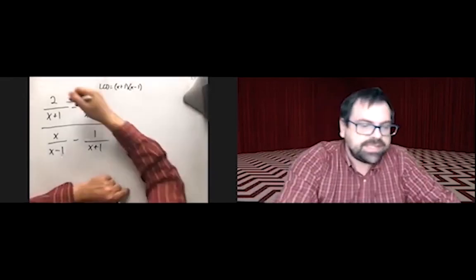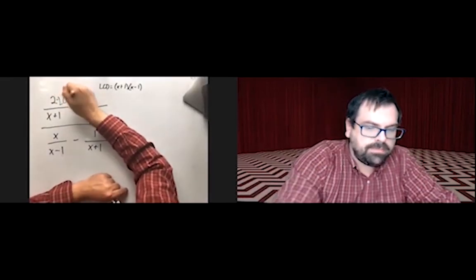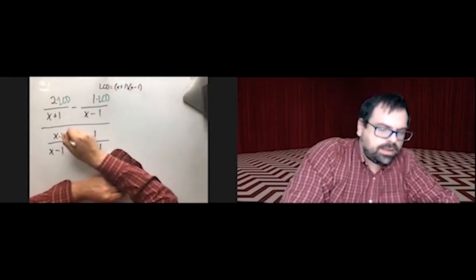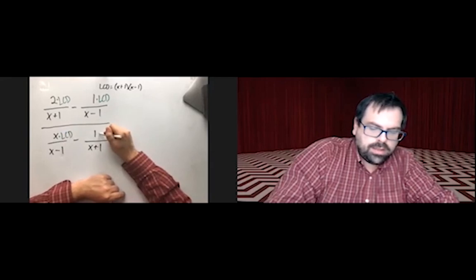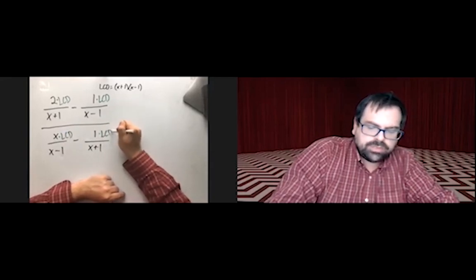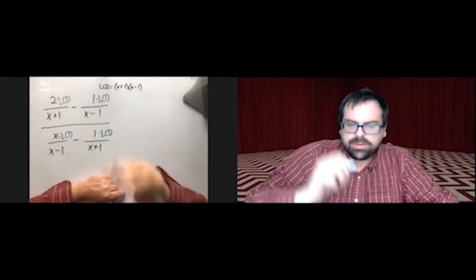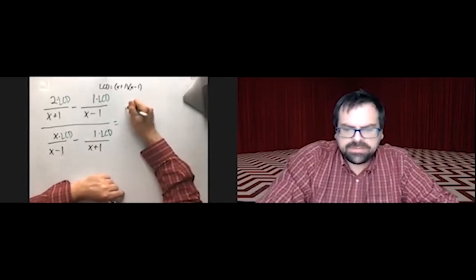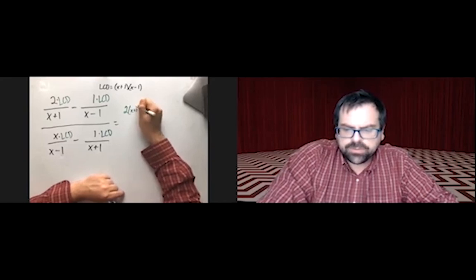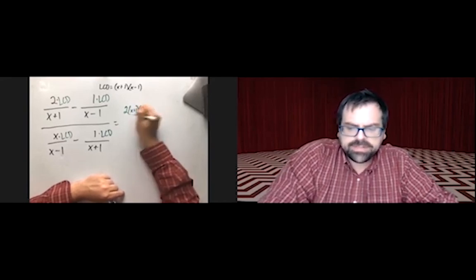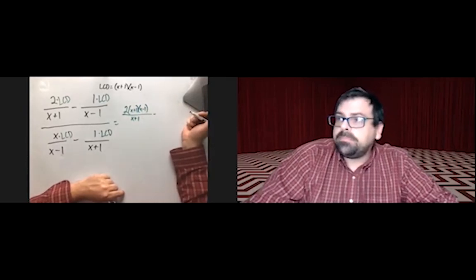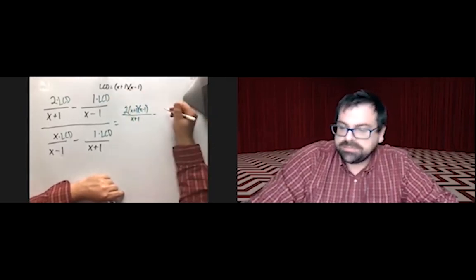I'm going to take the LCD. I'm going to make sure I multiply each term in the top by the LCD. So that gives me 2 times x plus 1 times x minus 1 over x plus 1, minus 1 times the LCD.